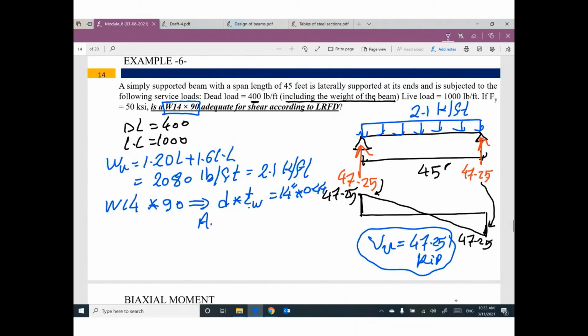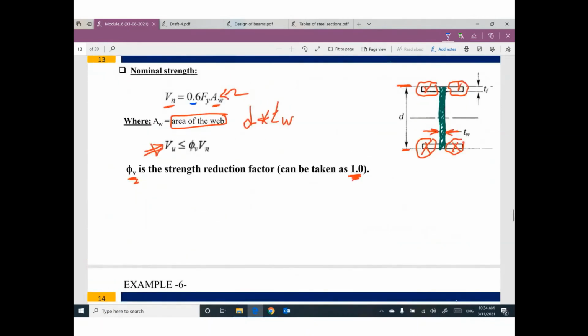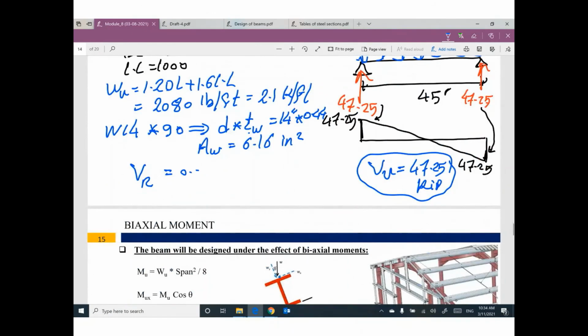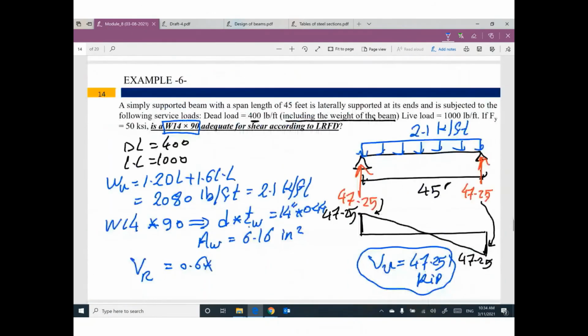So the area of the web will be the depth 14 times the thickness of the web 0.44, which is 6.16 square inches. Vn, as I told you, equals 0.6 times F yield times area of the web. What is the value of F yield?